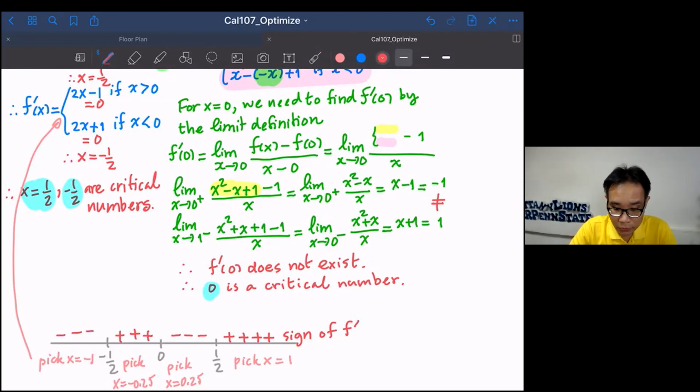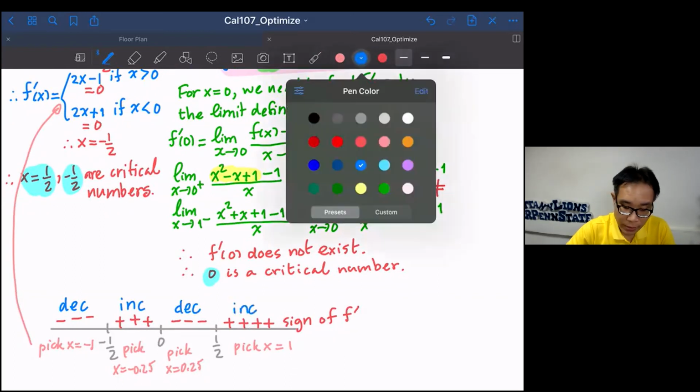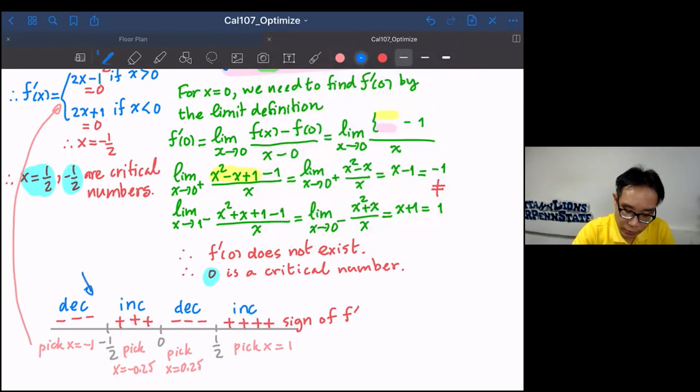So in this case you have the conclusion: decreasing, increasing, decreasing, increasing.